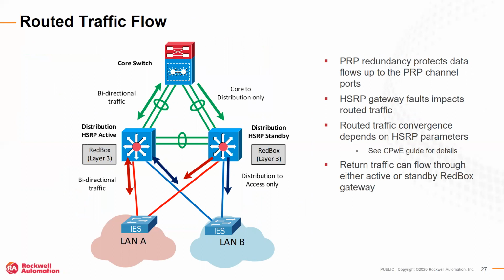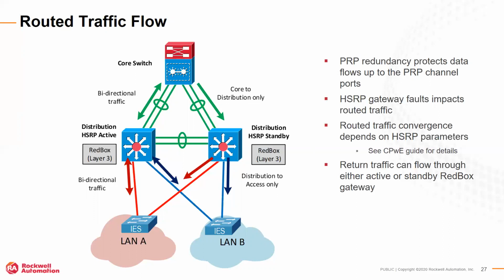But it is important, before we move on, to explore a little bit how the data flows inside a CPwE network and how it differs from the PRP. As we've discussed up to this point, the PRP network sends identical packets. And if you have a failure or an issue, there's a zero convergence time, which means there is no downtime on the network.